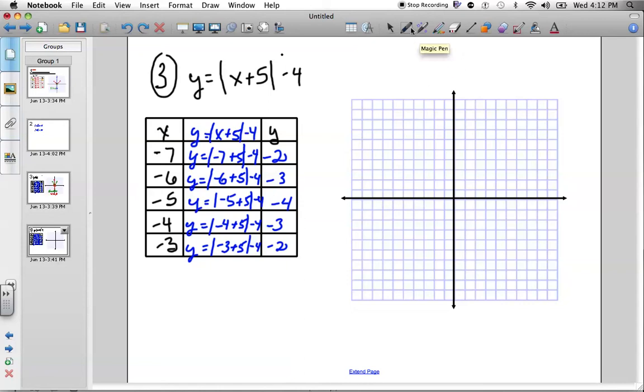And now we can go ahead and graph this. -7, -2, so we're going to go to the left 7, down 2. We're going to go to the left 6 and down 3.